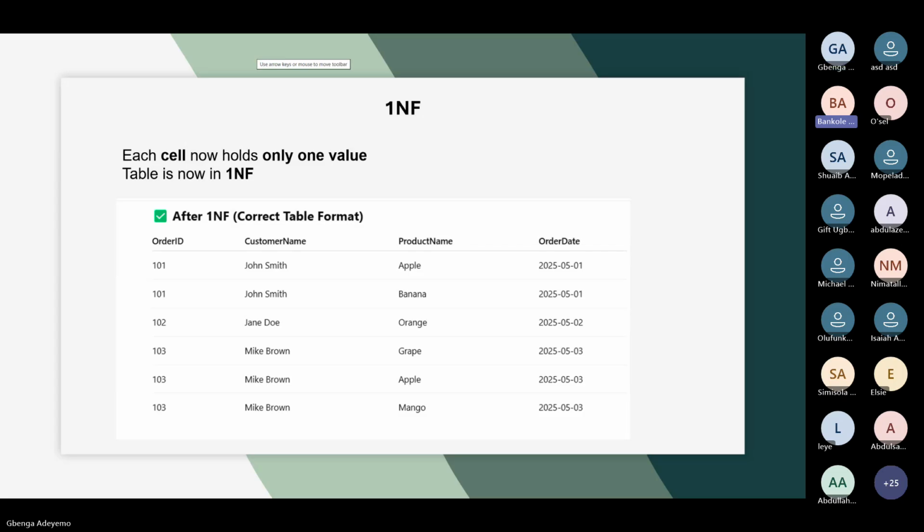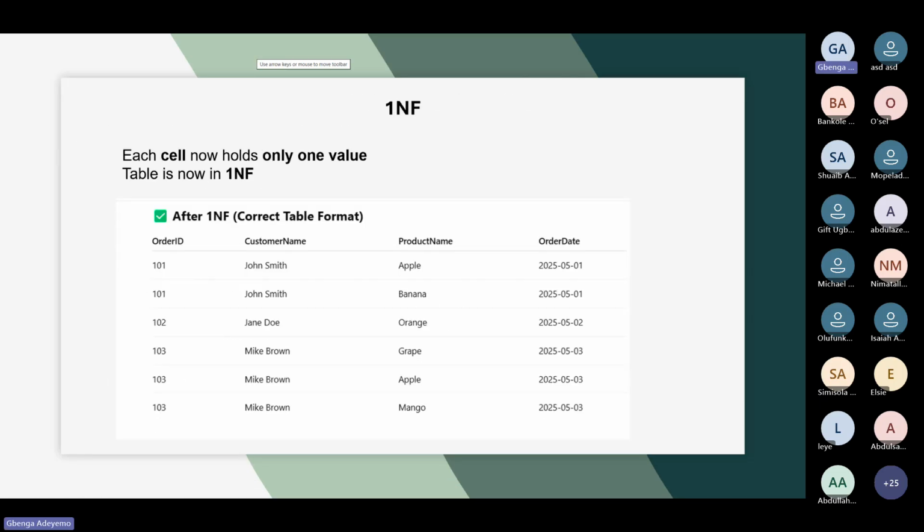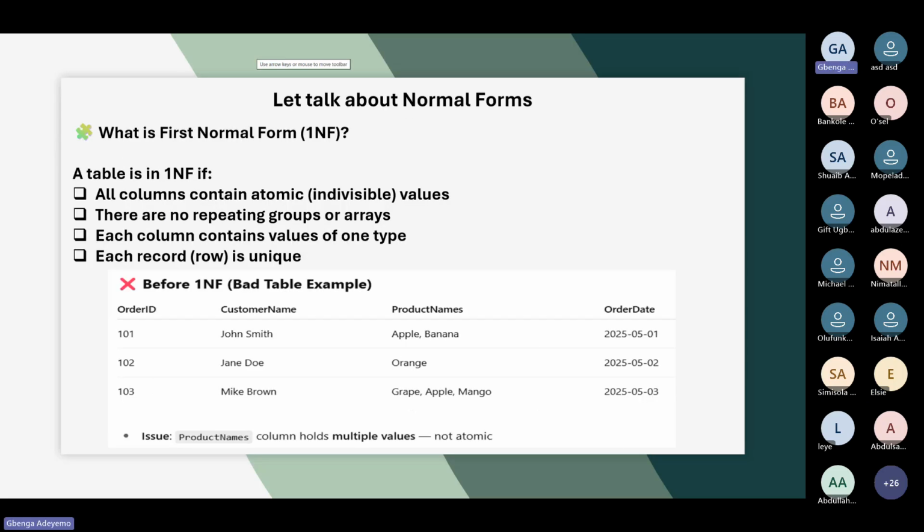Now, let me ask you something, guys. Do you understand this one normal form? Do you understand how this table went from this state to this state? Yes. Do I have to go back to the conditions? All columns must contain atomic values, right? Yes.